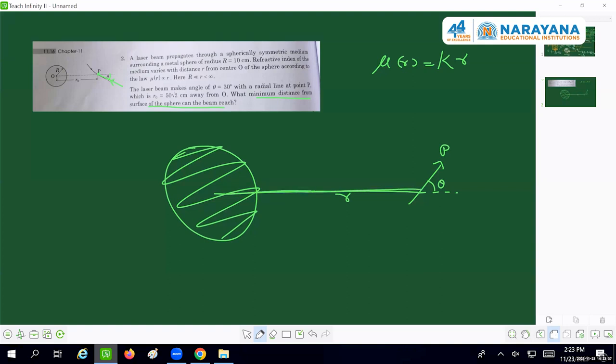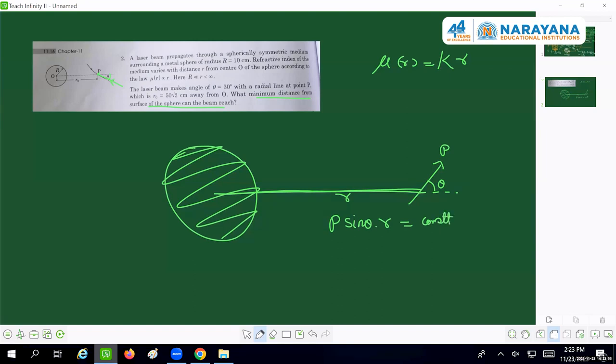As it moves around this system, the angular momentum of this particle, P sine theta into r, will behave like a constant.